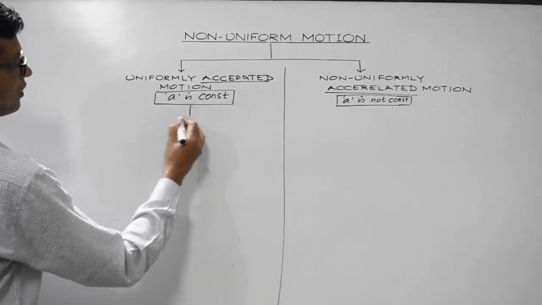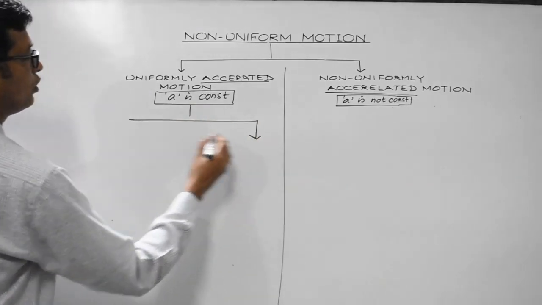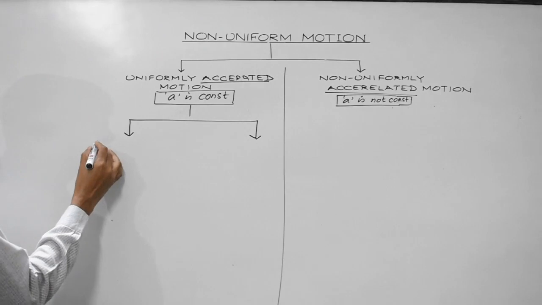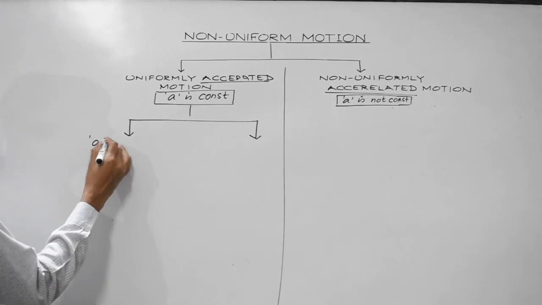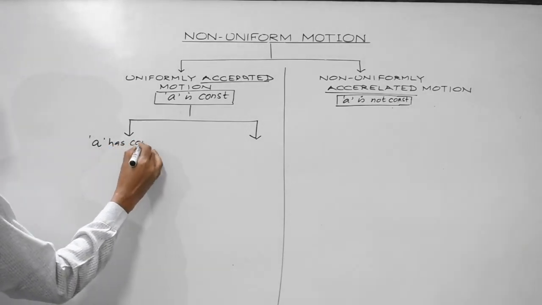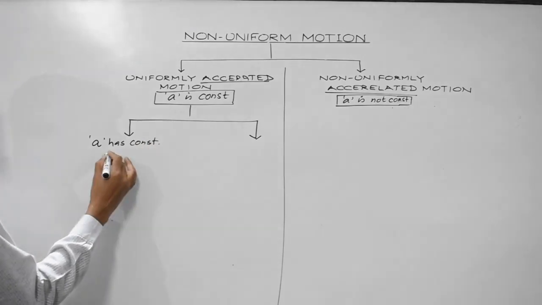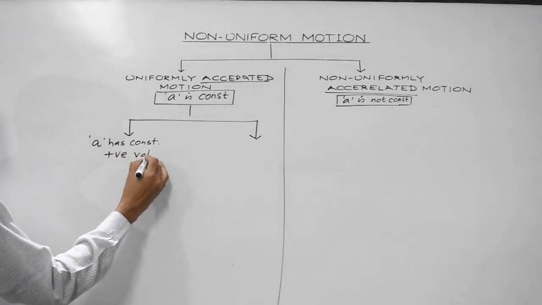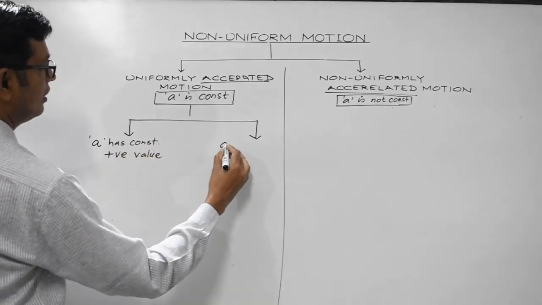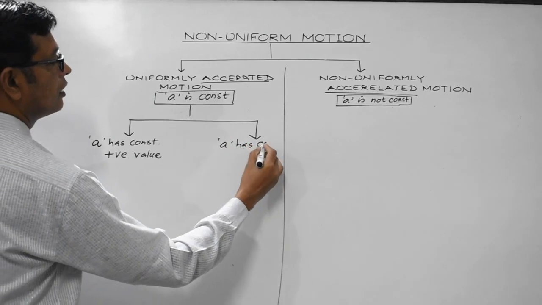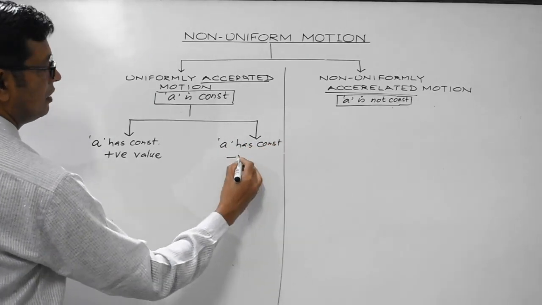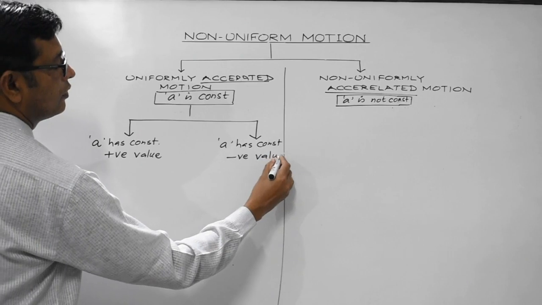So it can be further divided into two cases. In one, A has constant positive value, and over here A has constant negative value.